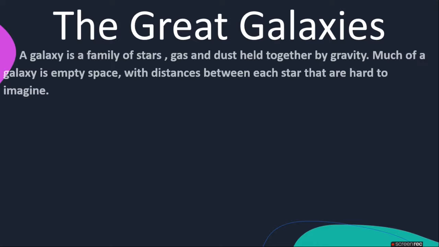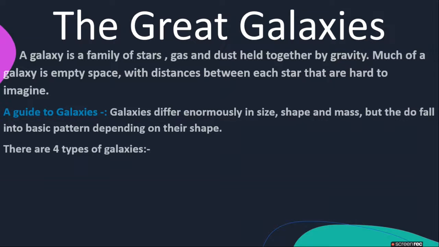The great galaxies. A galaxy is a family of stars, gas, and dust held together by gravity. Much of a galaxy is empty space, with distances between each star that are hard to imagine. A guide to galaxies. Galaxies differ enormously in size, shape, and mass, but they do fall into basic patterns depending on their shape.